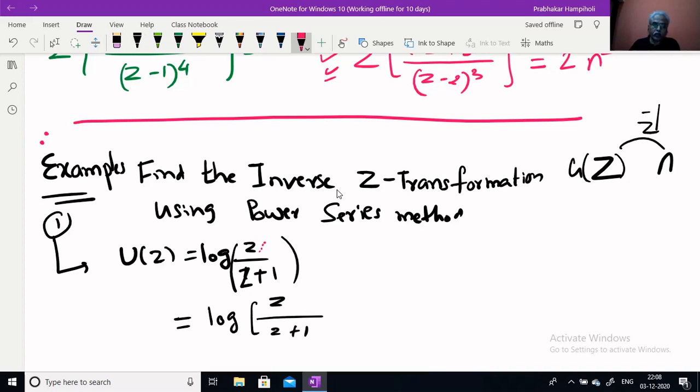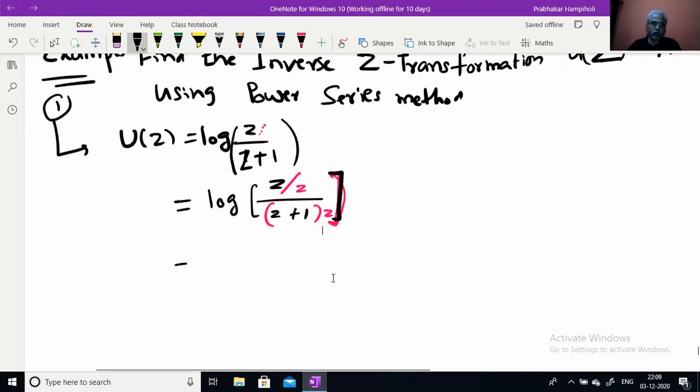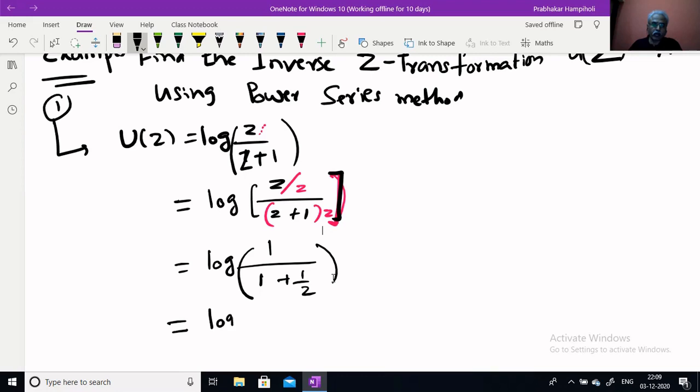If I divide numerator and denominator by z, how does it look? The numerator becomes log of 1 and the denominator becomes 1 plus 1 by z. So using the laws of logarithms, log of a by b is log of a minus log of b, so it is log of 1 minus log of the denominator, and it is evident that log 1 is 0.